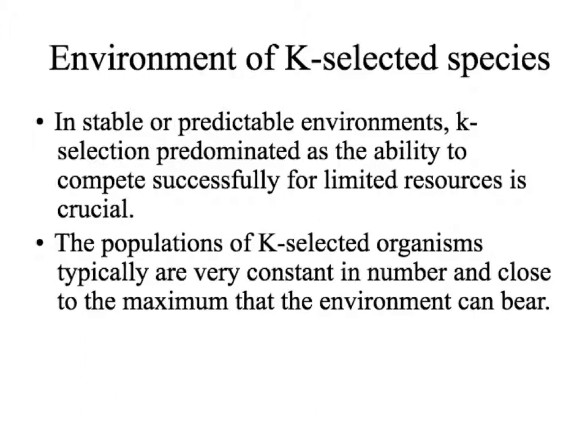The environment of K-selected species. In stable or predictable environments, K selection predominates, as the ability to compete successfully for limited resources is crucial. The populations of K-selected organisms typically are very constant in number and close to the maximum that the environment can bear.